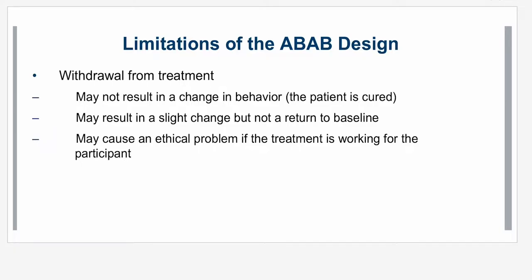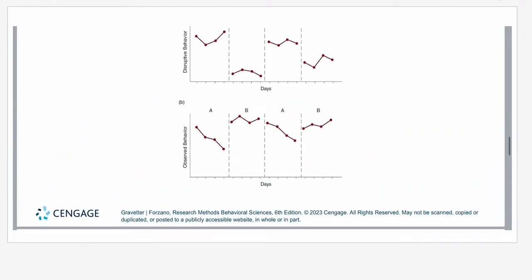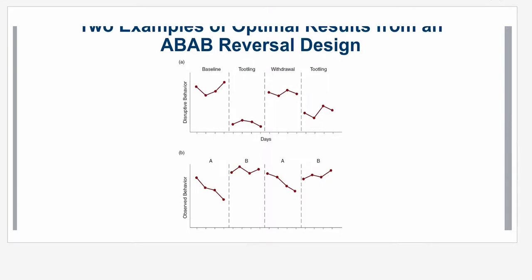The second issue is that it may result in a slight change, but not a complete return to baseline. So, kind of like we looked at that graph before, on this top graph, in the withdrawal phase, they returned to baseline somewhat, but it didn't go quite as high, and it wasn't quite as varied as the baseline, so it wasn't exactly like the baseline.